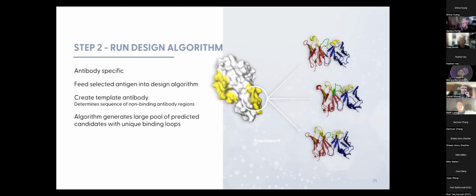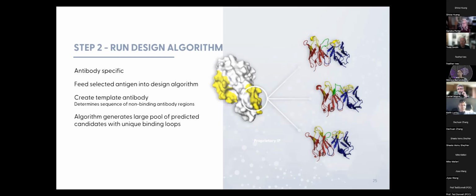Then the next thing that you have to do is figure out which one of these antibodies is the right antibody, which ones are more likely to actually interact with your antigen. More traditionally, this has always been done using an energy function from some sort of modeling system.